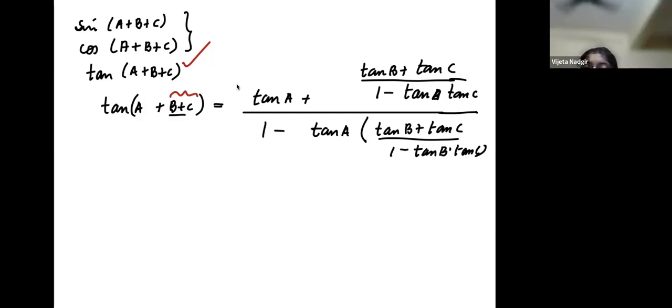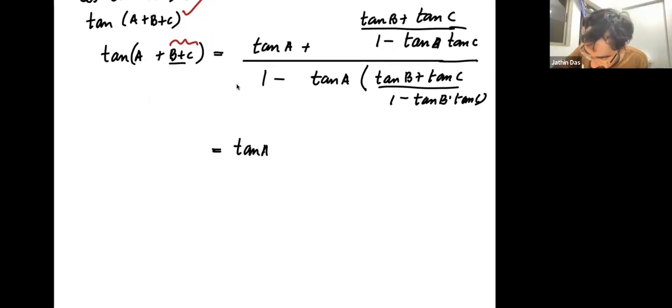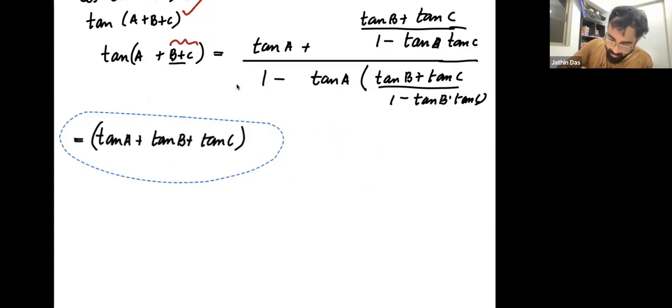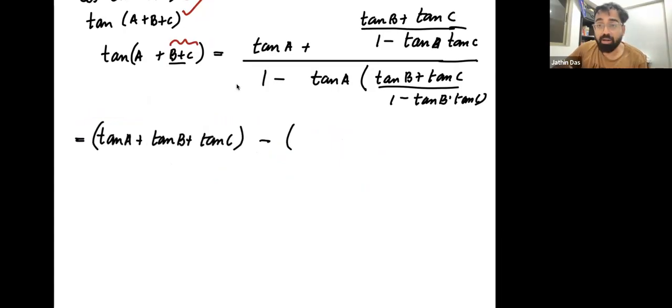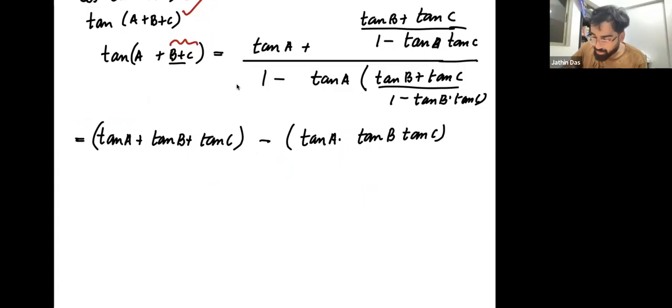Clear? So you end up getting tan A plus tan B plus tan C on top, minus tan A tan B tan C. This is the numerator, it's easy for you to understand.